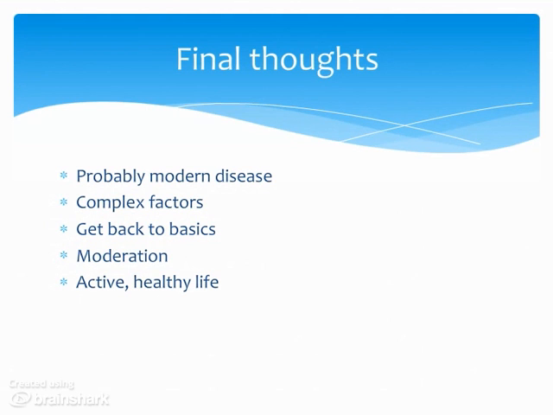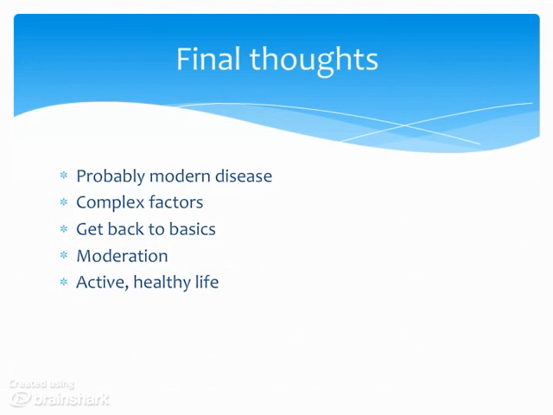So just to sum up with a few final thoughts, metabolic syndrome is probably a very modern disease, a result of modern lifestyles where people are not active enough and eat too many fatty foods, and maybe are overstressed and smoke too much.